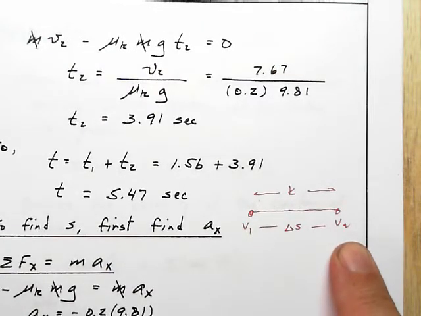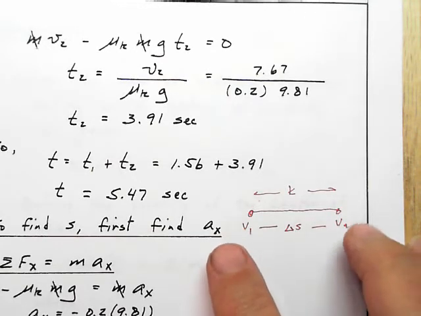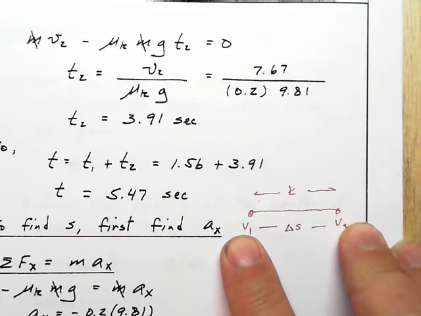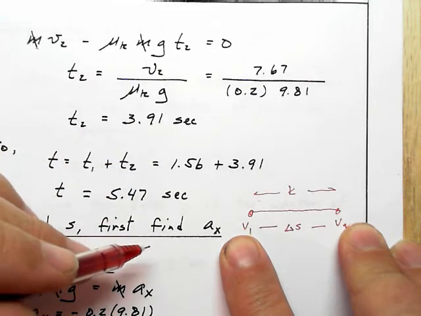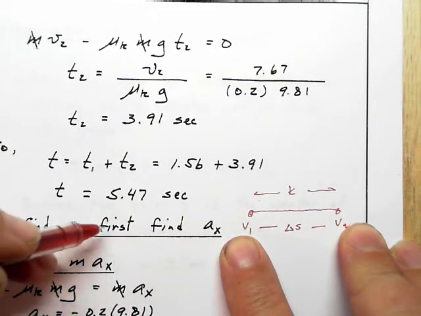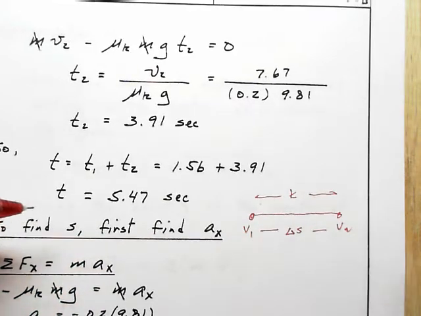And so there are several ways that we could solve this. Knowing our two velocities and the friction force doing work, you could write an energy equation to solve this.